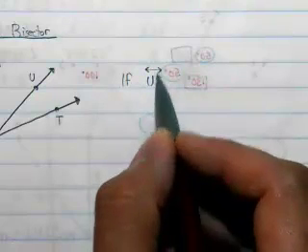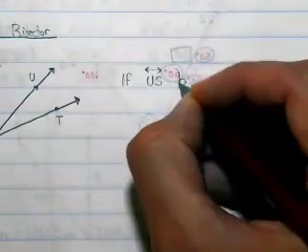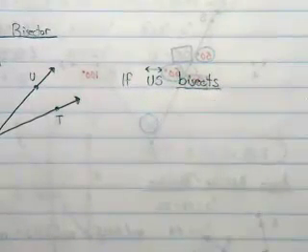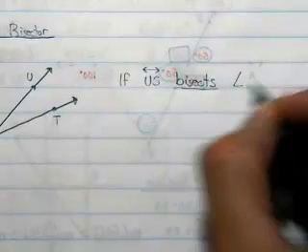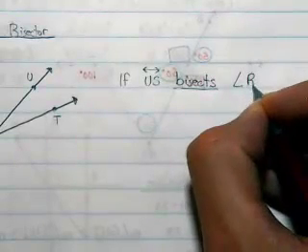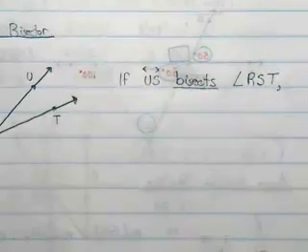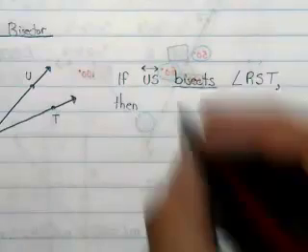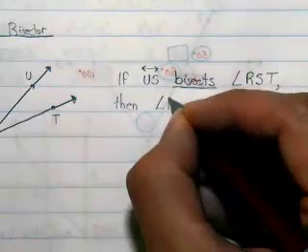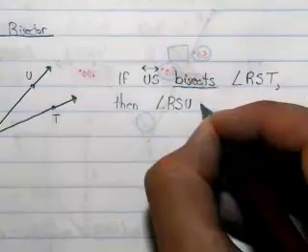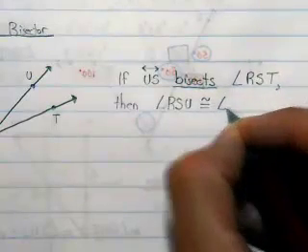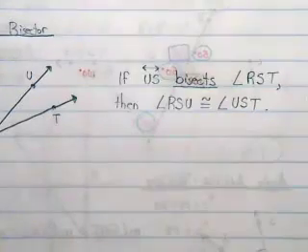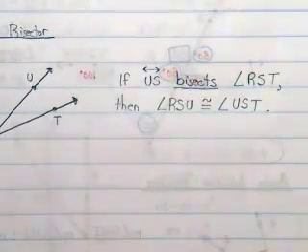So if line US bisects angle RST, then angle RSU is congruent to angle UST. Okay, that's what's going on.